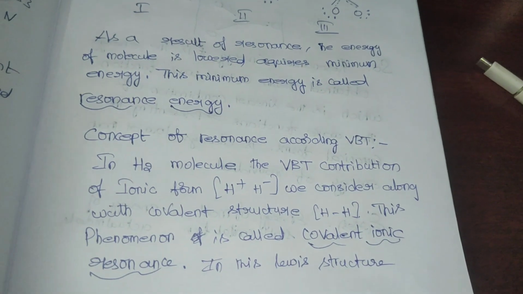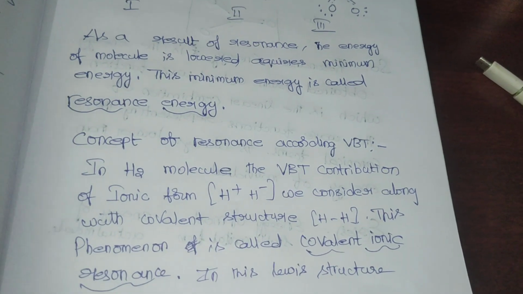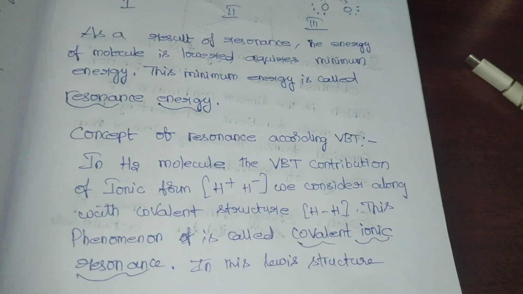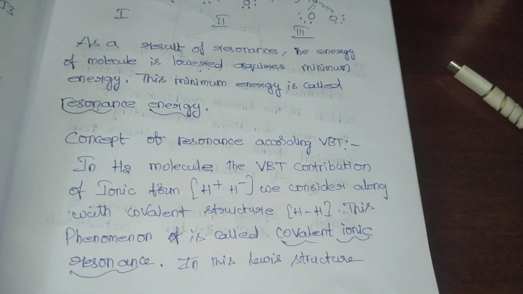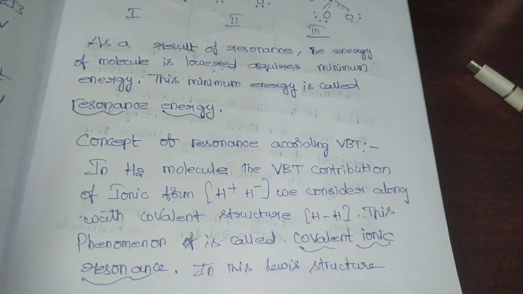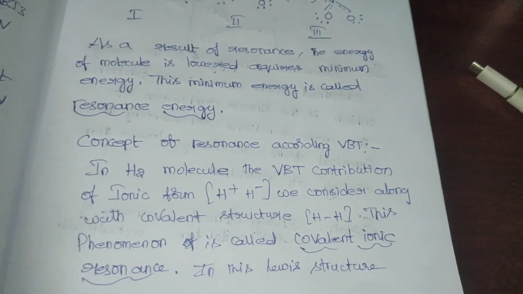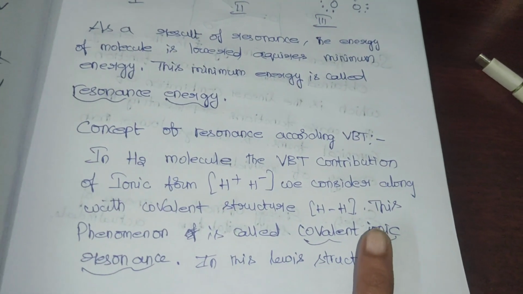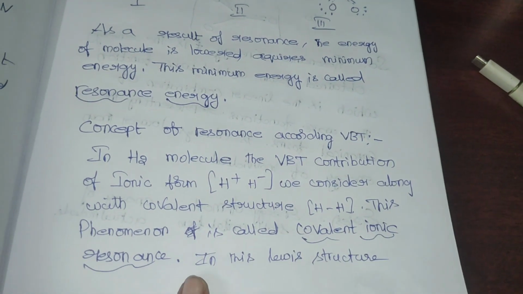All covalent molecules will have little ionic character, because the electrons are not equally distributed, so they get a little positive and a little negative charge. Even ionic forms may have some covalent character. So both the ionic form and the covalent structure are considered together according to VBT theory, and this phenomenon is called covalent-ionic resonance structure.